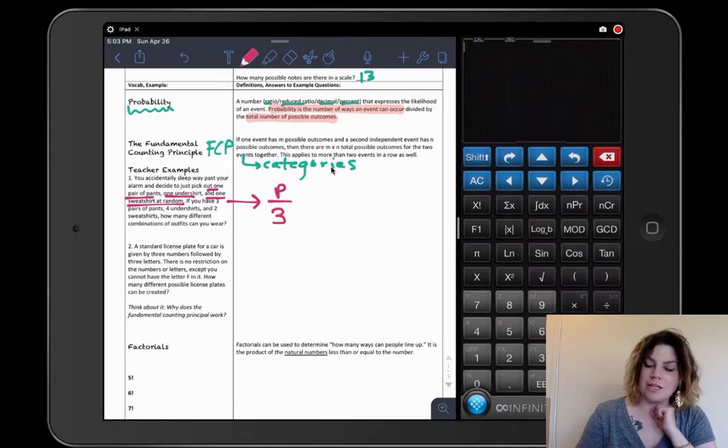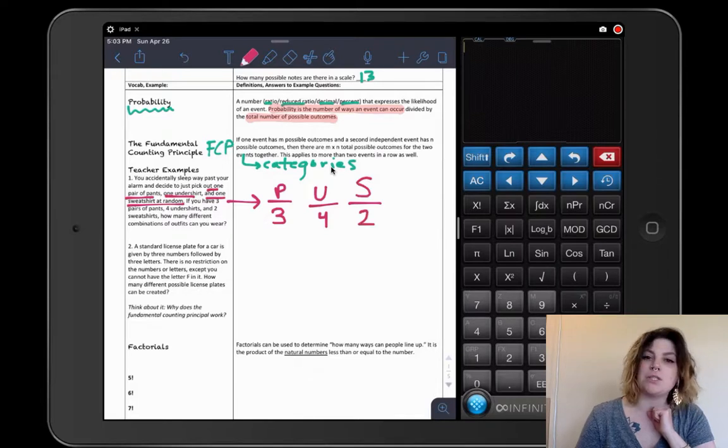It is not a fraction. And then we have undershirts, so that would be 4 total. And then we have sweatshirts, S, and you have 2 options for that. So what you're going to do is multiply all 3 of these numbers together, just like it says in the definition up here.